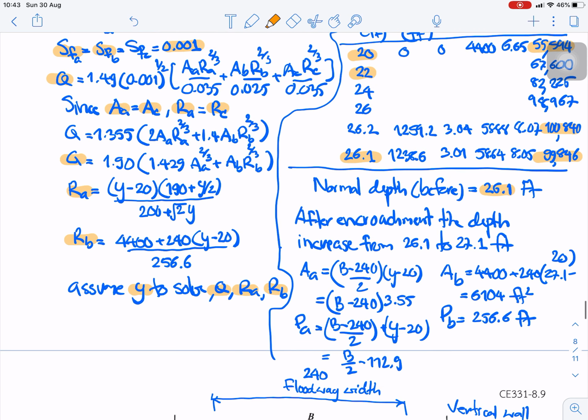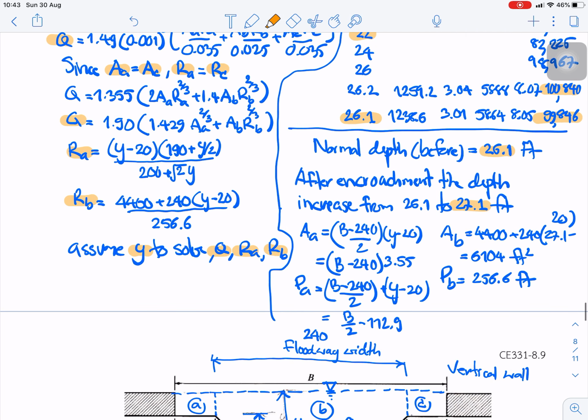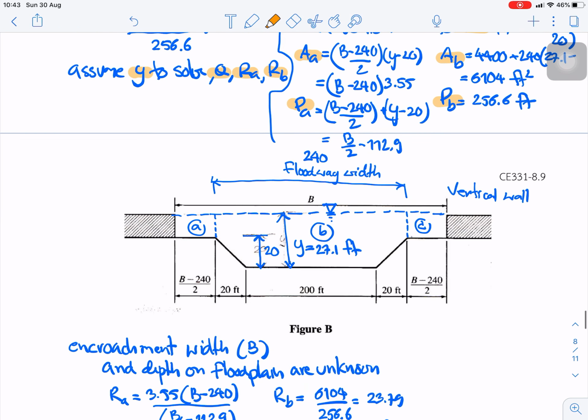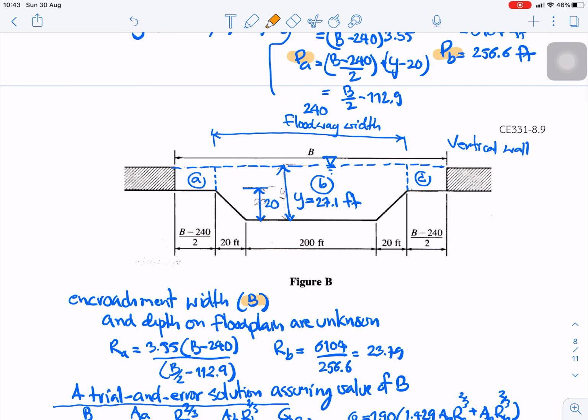Next, after encroachment, the depth increases from 26.1 to 27.1. So we write the equation of the area and the conveyance parameter of area B, which is a function of B. In this case, B is the encroachment width.